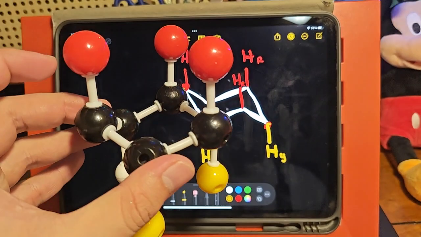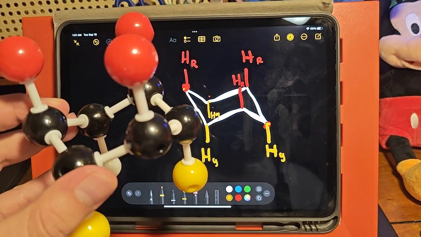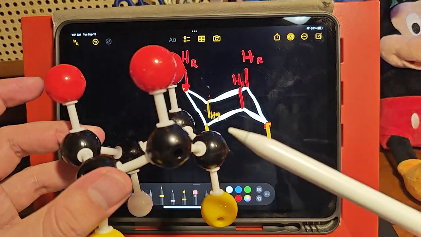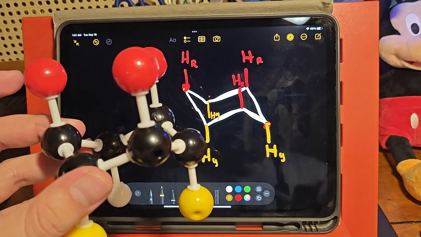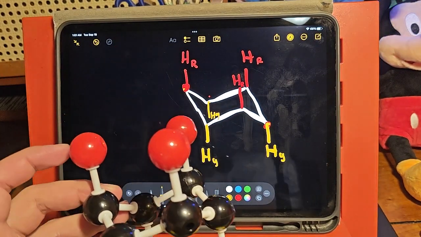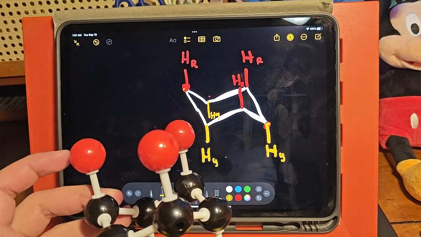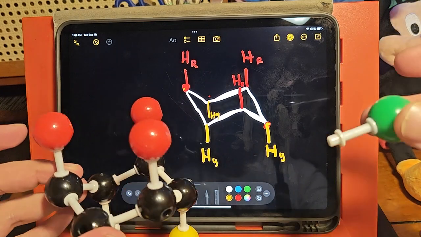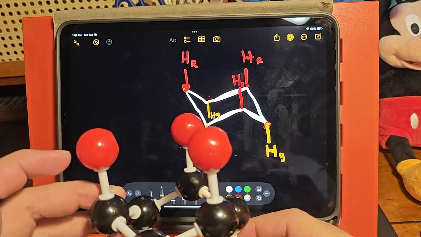Now, once you have all of these hydrogens, red and yellow, going vertically up and going vertically down respectively, let's now get ready to prepare our green little atoms.